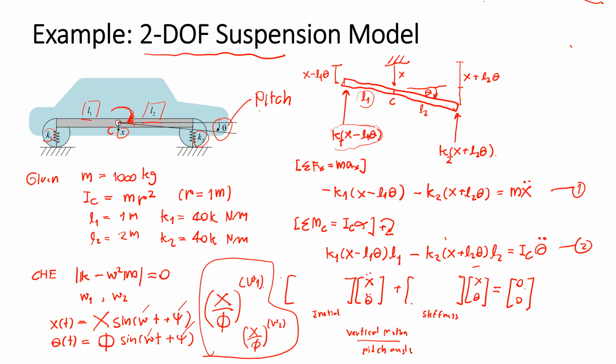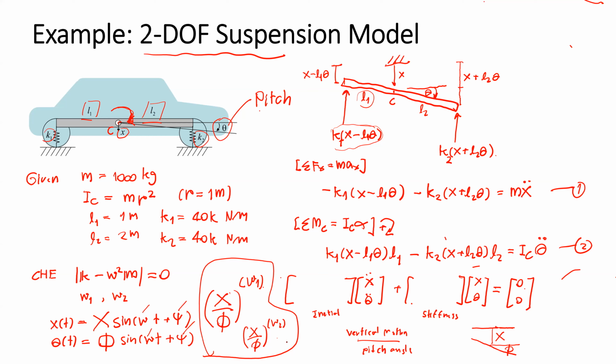So if we have a big positive ratio, with a big magnitude, it means that if the car bumps with a small angle, it will go with a big displacement. Small angle, but big displacement.